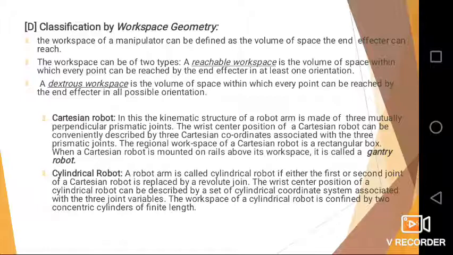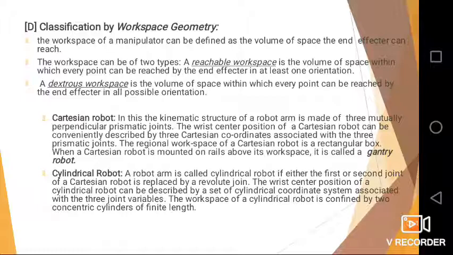Classification by workspace geometry. The workspace of the manipulator can be defined as the volume of space the end effector can reach. The workspace can be of 2 types. One is reachable workspace and the other is dexterous workspace.